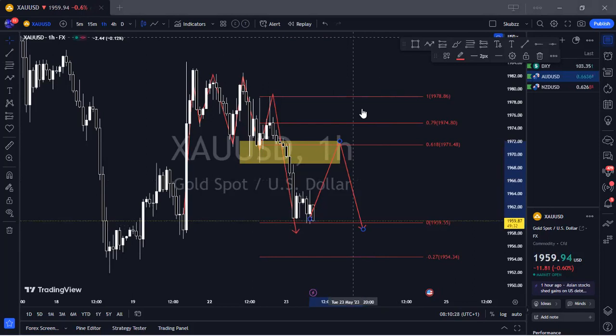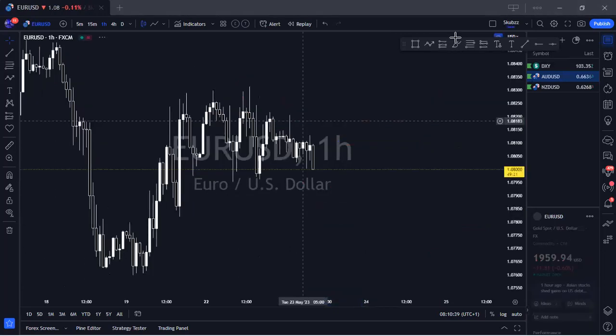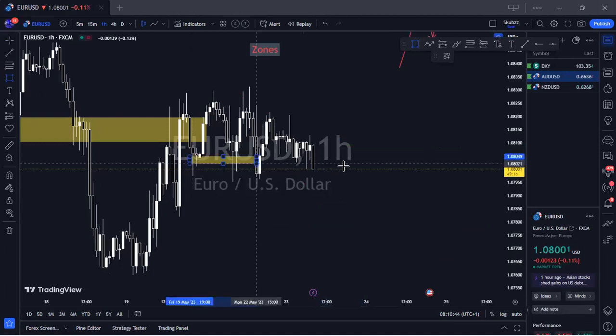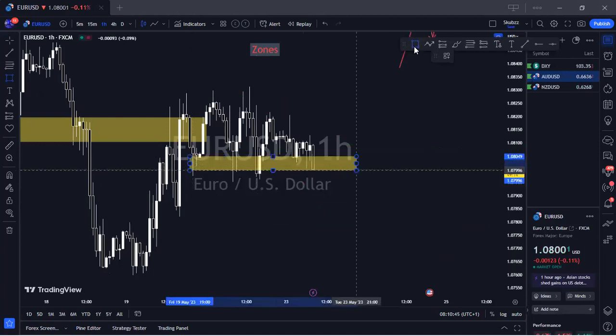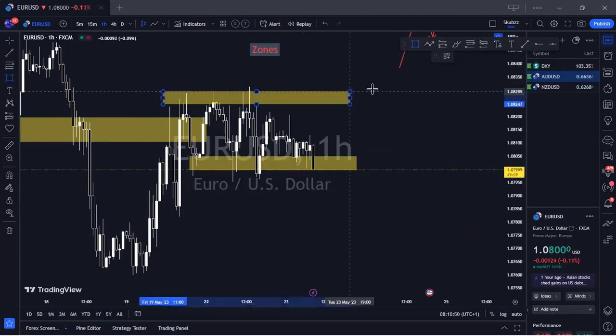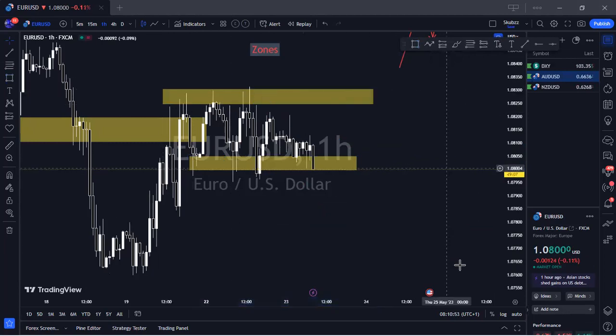Euro USD, okay? Yep, this one too is in the range. I don't know what's making all these markets range, but may God help us all.